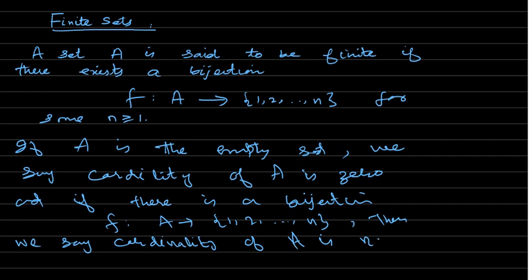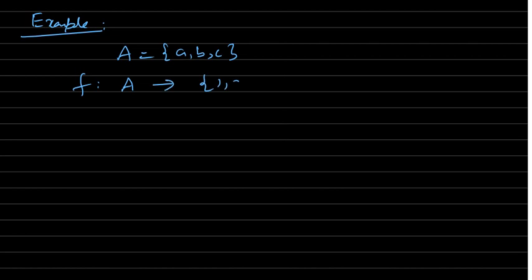अगर ये एम्प्टी सेट होगा उस केस में इसकी कार्डिनैलिटी 0 है, या अगर यहाँ पर आपके पास इस टाइप की बाइजेक्शन मिल गई किसी n के लिए, उस केस में हम कहेंगे कि A की कार्डिनैलिटी n है. तो इसके सिंपल एग्जांपल्स आप ले सकते हो. This set say A, B, C. It's a finite set as we can define a bijection from this set A to the set of first 3 natural numbers by f of A is equal to 1, f of B is equal to 2, f of C is equal to 3.